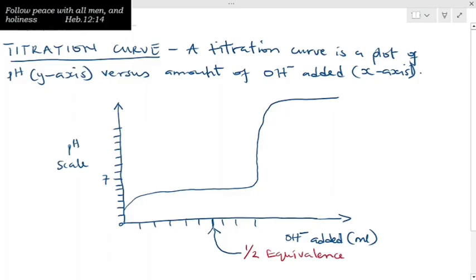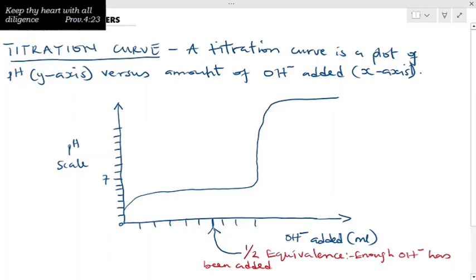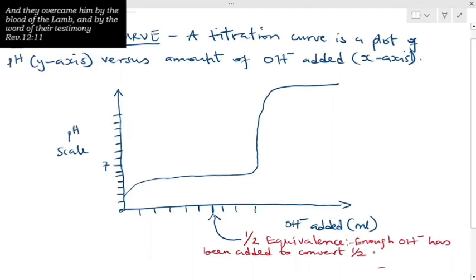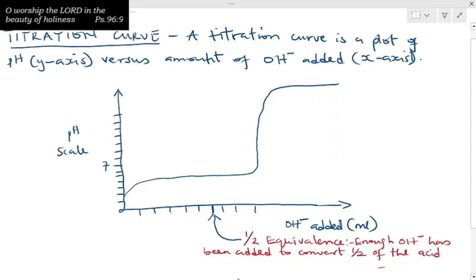This half equivalence implies that just enough OH minus, representing the base, has been added to convert half the amount of the acid to its conjugate base.